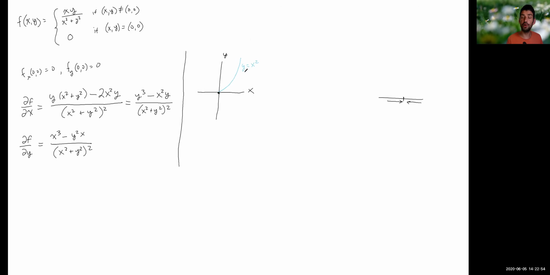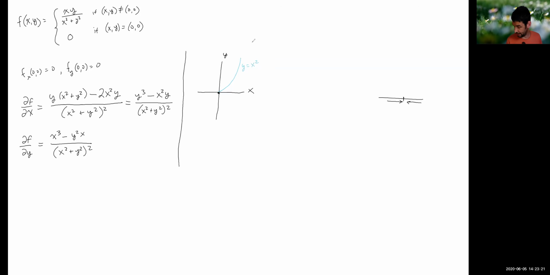So you can imagine putting in points like (2, 4), (1, 1), (1/2, 1/4), and so on, as we approach 0, letting both of them go to 0, but with the condition that y always equals x squared. So it's like approaching it along a particular path, okay?